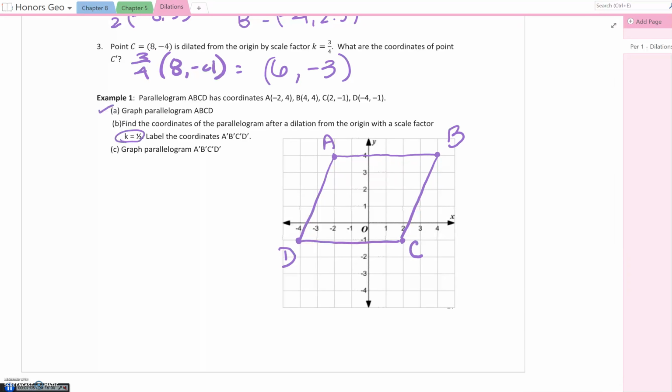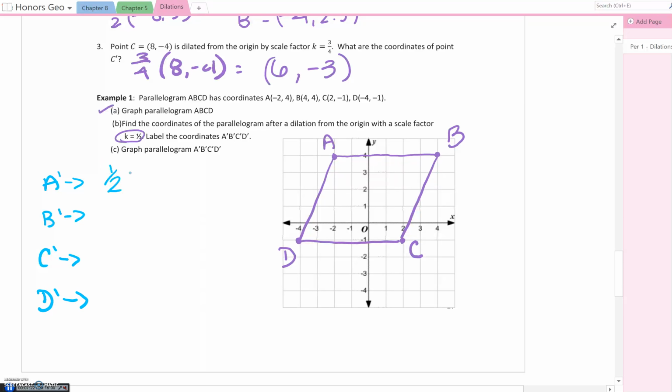So first, let's find all of the coordinates of the image. So I'm just going to rewrite them over here. A', B', C', D'.